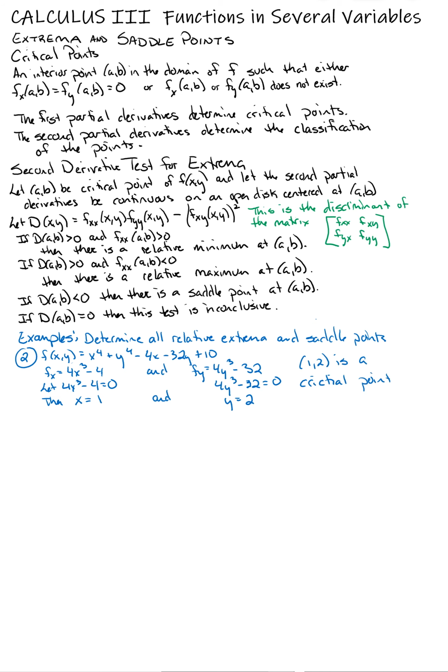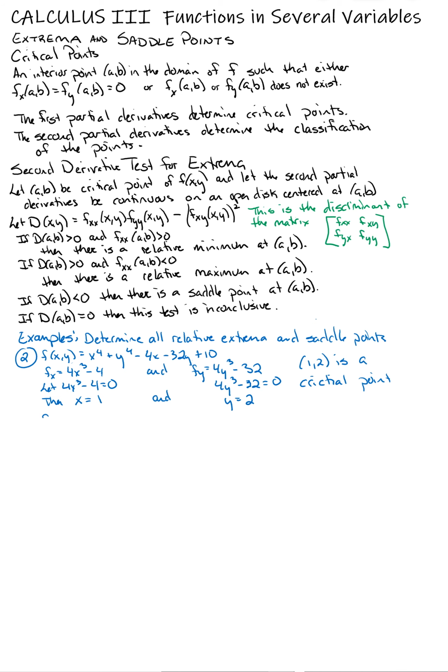All right, now our second derivatives will give us what happens at this point. They will tell us whether we have an extrema or a saddle point. So what we'll need to do is go ahead and find all of the second partial derivatives.